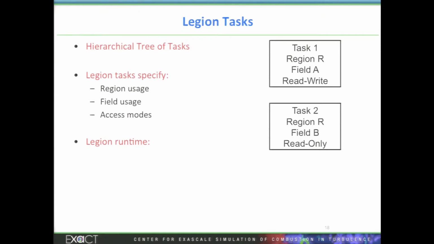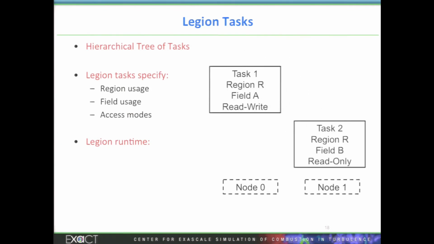For example, here I showed two tasks that both access region R, but they're disjoint data because task 1 is accessing only field A and task 2 is accessing field B. Legion would reason that these tasks are independent and could be run in parallel on separate processors, node 0 and node 1.